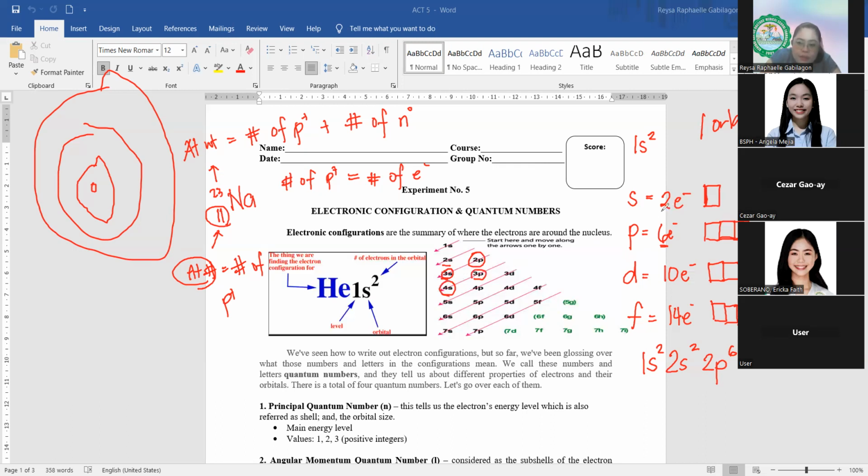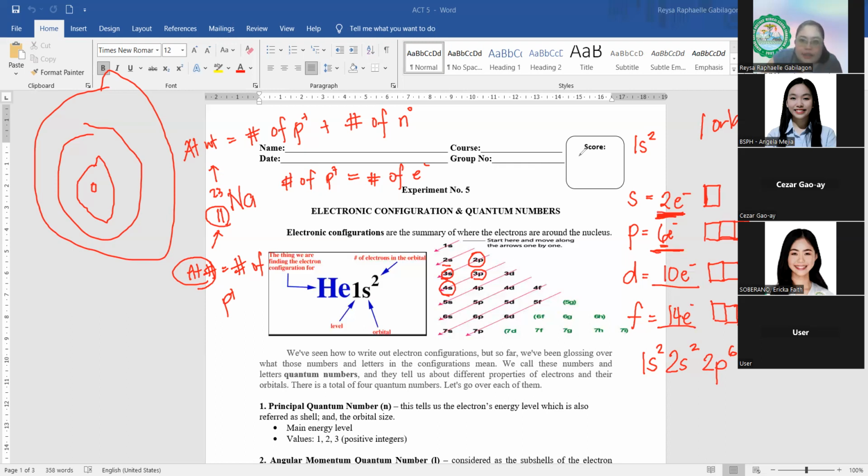Basta you have to remember na pag s, hanggang 2 lang talaga yan siya. Hindi pwede maglampas ng 2. Wala tayong 1s3, 2s3. 1s2 lang talaga yan siya. Pwede siya mag 1s1 pero hindi siya maglampas ng 2. For P, hanggang 6 lang talaga. And then for D, that's 10. And then F is 14. Pwede kang mag lesser than these numbers, depende sa number of electrons. Pero hindi ka pwede magsobra. Kung F14 lang talaga siya, taman.